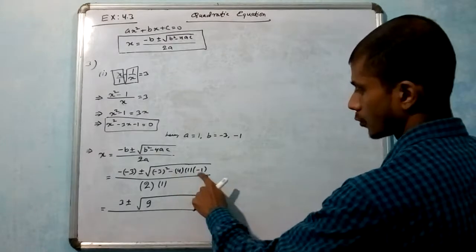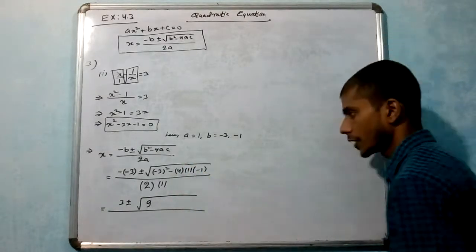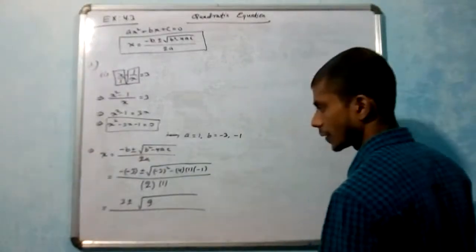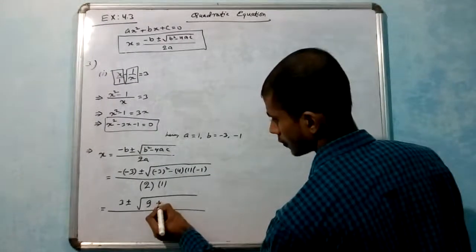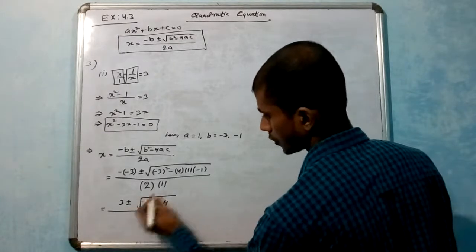See, minus 4 is here and minus 1 is here and all are in multiplication, no? So minus of minus 4 means, can I write plus 4? Yes. Then 2 ones are 2.